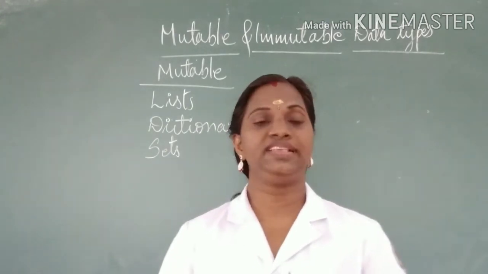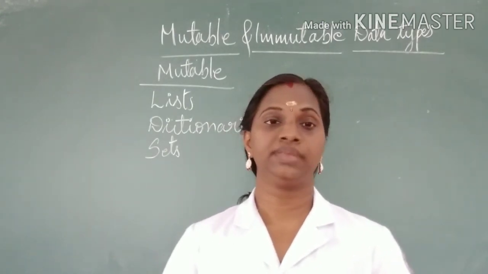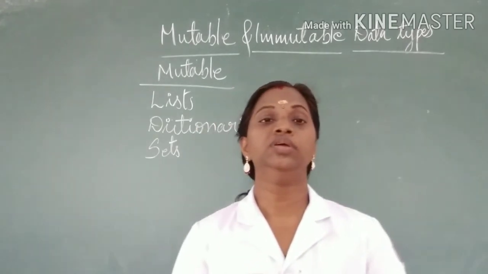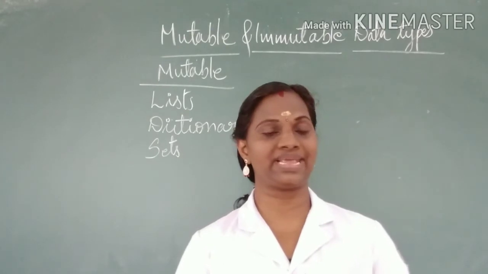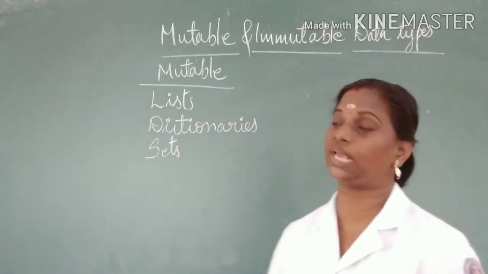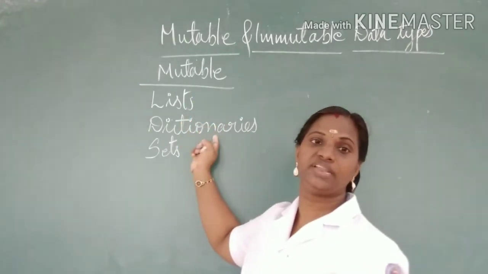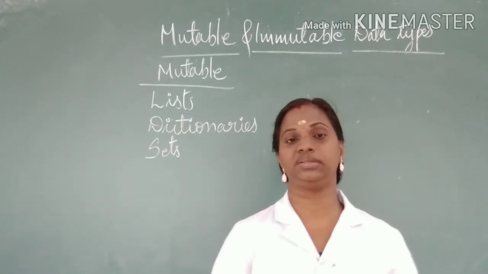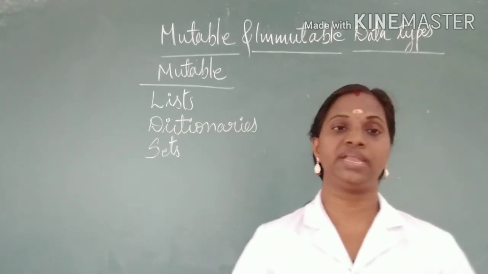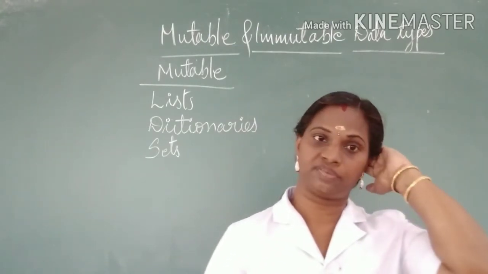Next one is mutable data types. That means changes can be made in place. Mutable data types are those whose changes can be made in place. Python supports 3 types of mutable data types: lists, dictionaries and sets. These are the 3 types of mutable data types.